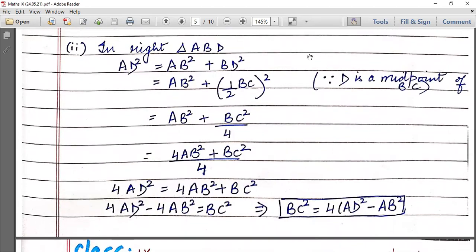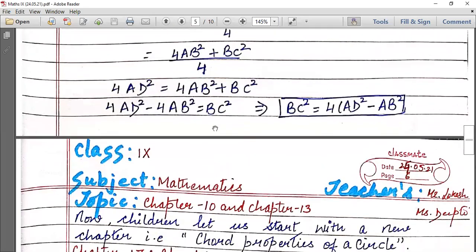So now it will become AB square plus half times BC square, further AB square plus BC square upon 4. Take the LCM, it will become 4 times AB square upon 4 plus BC square. In the next step, 4 will go that side, and it will be 4 times AD square is equal to 4AB square plus BC square. When you take out the common, you will get BC square as 4 times AD square minus AB square.